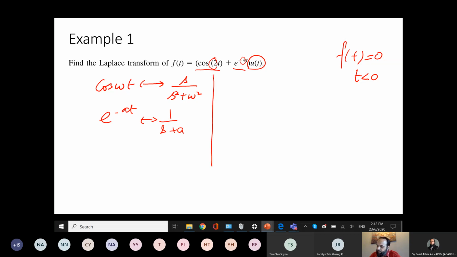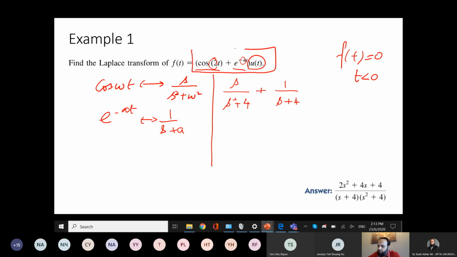This means that the Laplace transform of this function is s upon s square plus 4, because omega is 2, plus 1 upon s plus 4. This is the Laplace transform of this function.